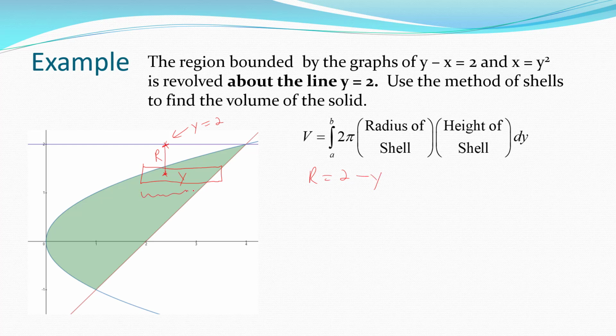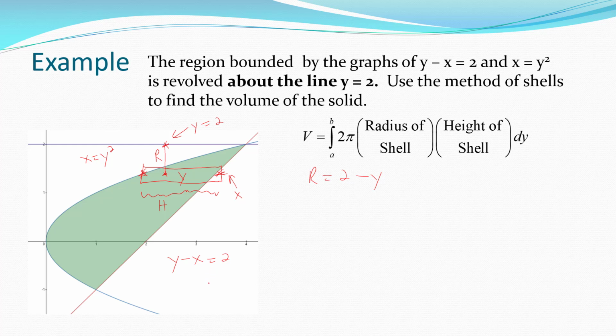Now we need to know what is the height. To do that, I need to know this x value, and I need to know that x value. The leftmost x value is easy to find. It's just y squared, because that point is always on the graph x equals y squared. The rightmost point is always on the graph y minus x equals 2.